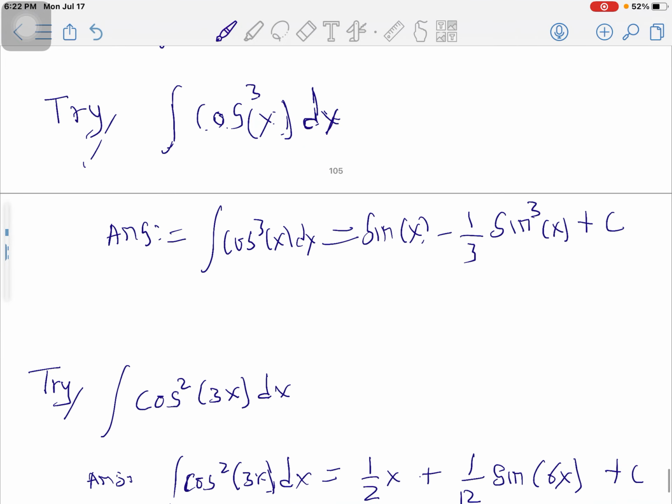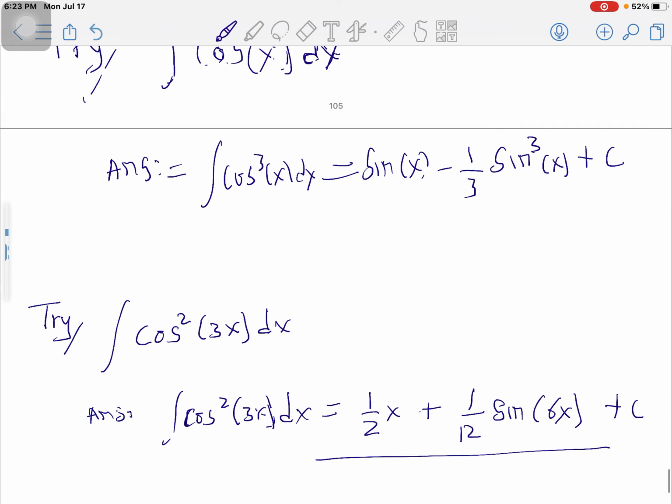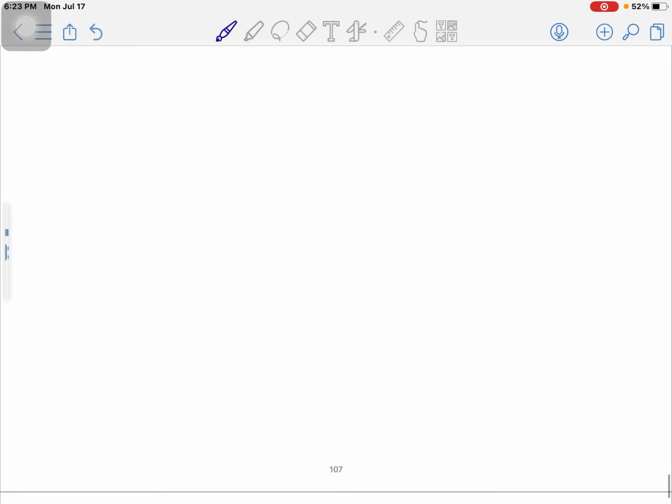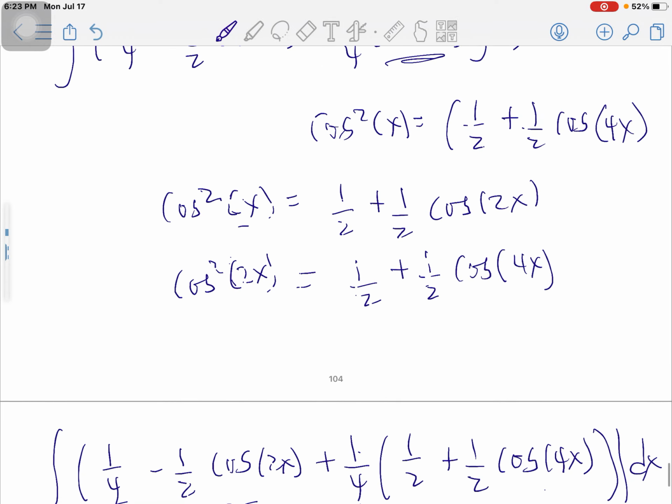For instance, let me use a very simple example that we did. We came from an example that the cos square of x will give us 1 over 2 plus 1 over 2 cos of 2x.